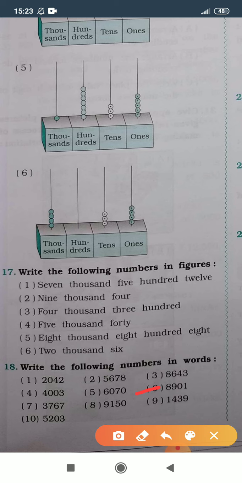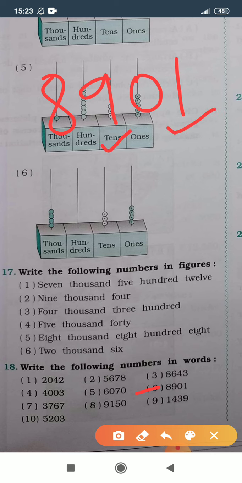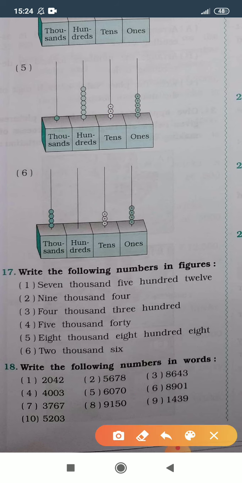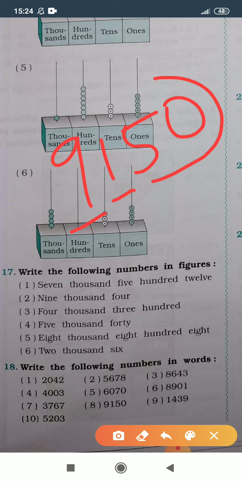Let's see number 6, 8901. So directly you need to understand the numbers now. So I am directly saying in words, 8901 is your answer. Next one is 3767. 8th one is 9150.